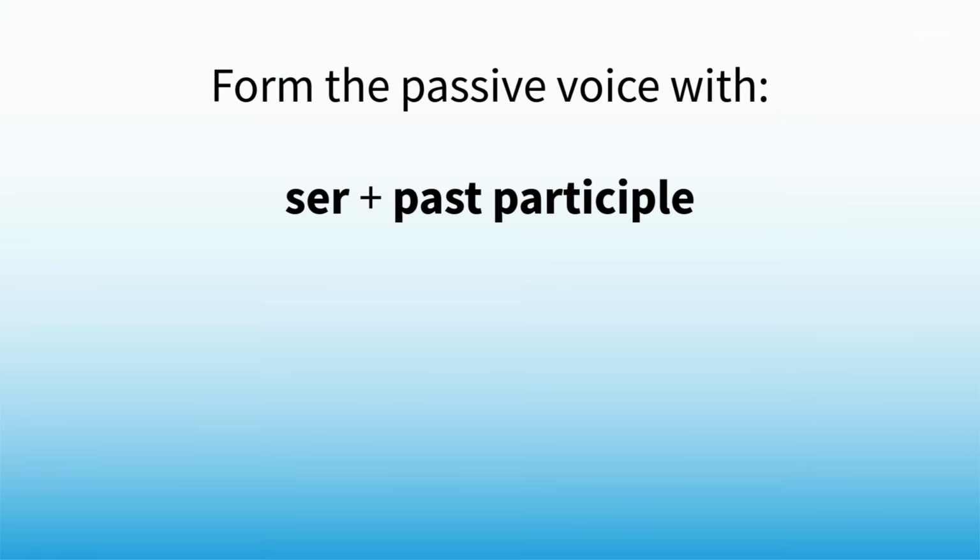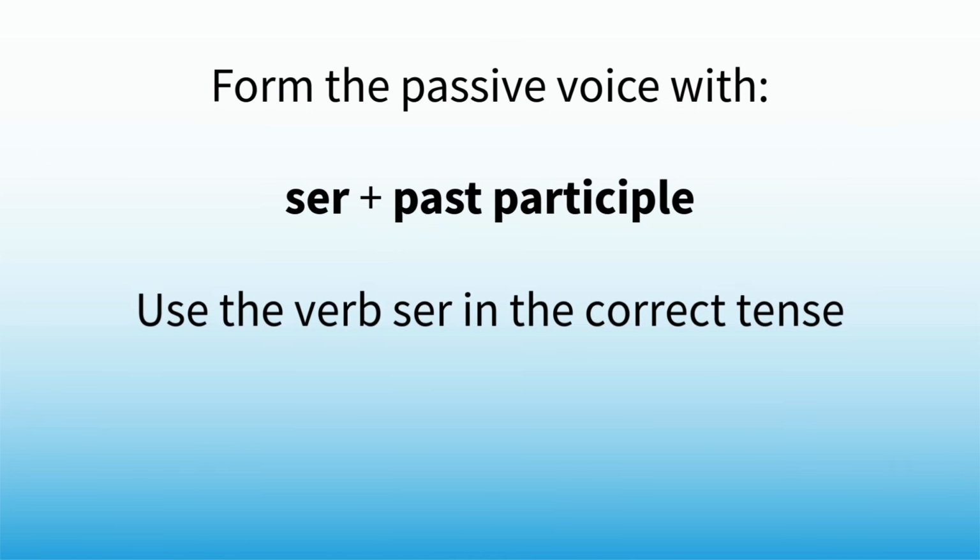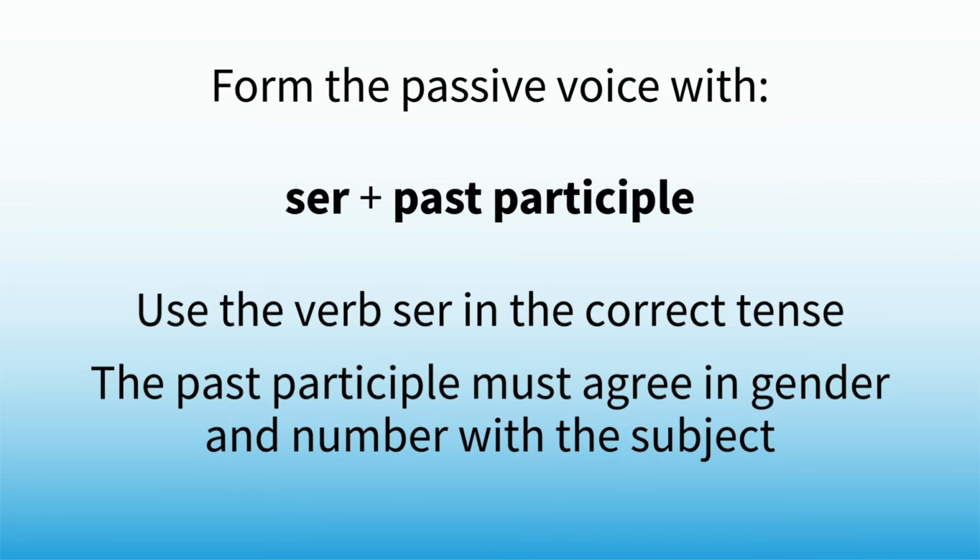In Spanish, we form the passive voice with ser, one of the forms of to be, and the past participle. So we must use the verb ser in the correct tense, and I already have a lot of videos on how to conjugate the verb ser. Then we add the past participle of the main verb. But in Spanish, the past participle must agree in gender and number with the subject.